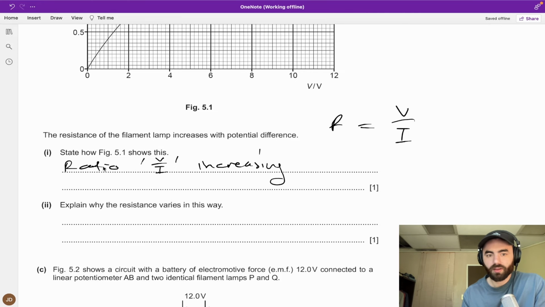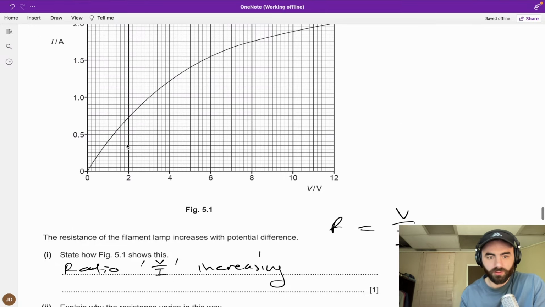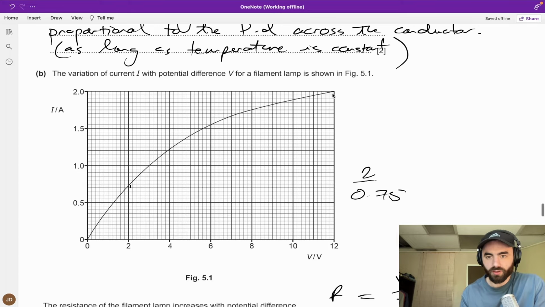Here it's like 2 divided by 0.75, and up here it's 12 divided by 2.